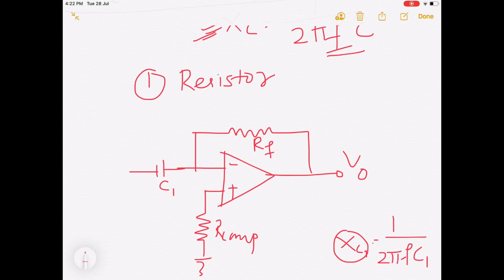So, to avoid that easy entry of noise, we have to connect one resistor in series with this capacitor, which is denoted as R1, okay, and here is Vi we are applying. Then at high frequency, to stabilize the gain of your circuit, we have connected one capacitor in parallel with the Rf, right. So, overall we will get stability.